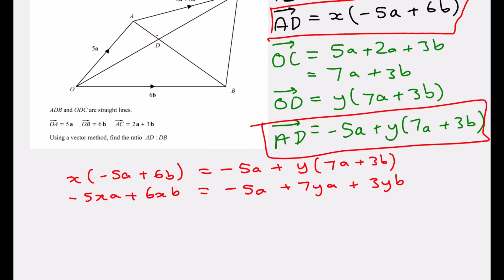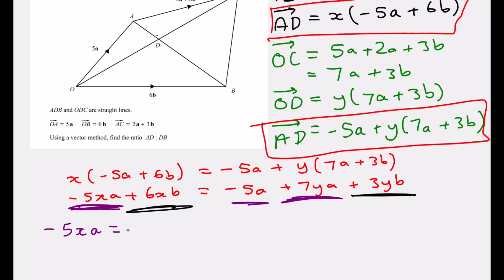So we can split this into two separate equations. So for A's, I've got minus 5XA equals minus 5A plus 7YA. And for the B's, I've got 6XB equals 3YB.